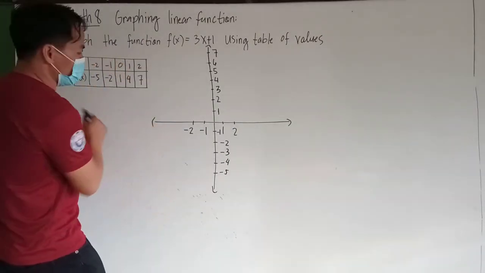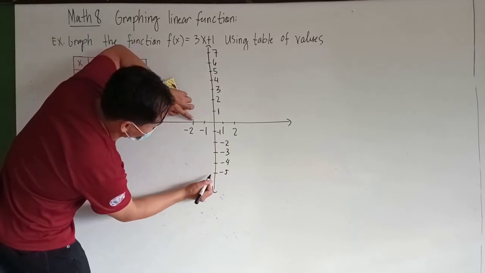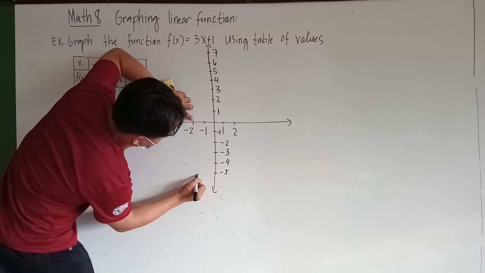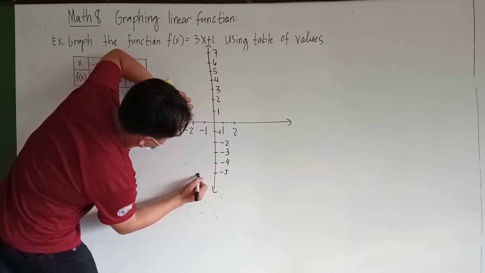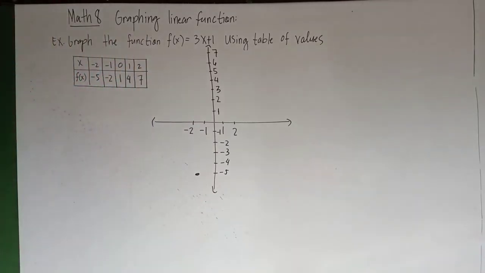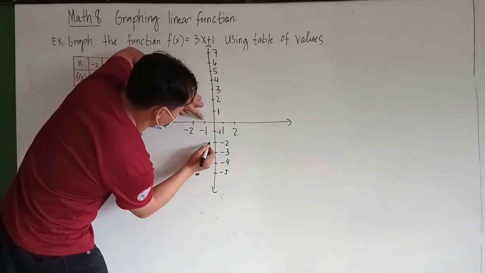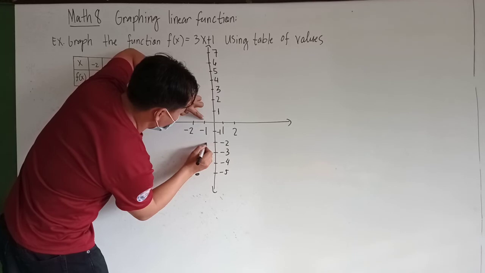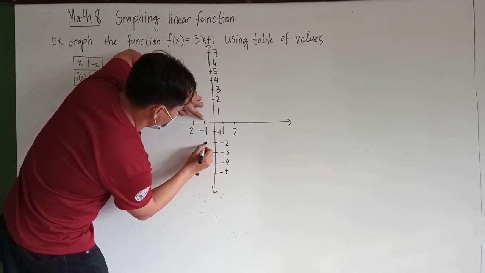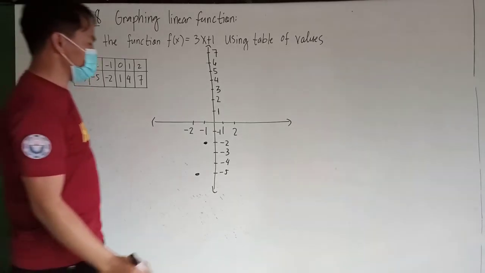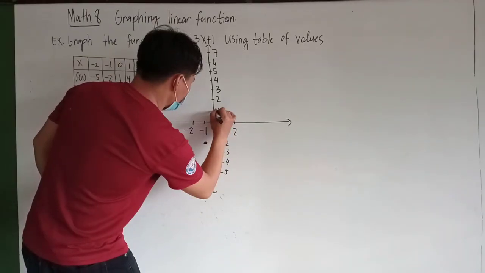First, we have the point (-2, -5). That is actually in quadrant 3. So we have -2, then here -5. Next to that is (-1, -2): -1 is x, then -2 is y. Followed by (0, 1): 0 is x, then 1 is y.